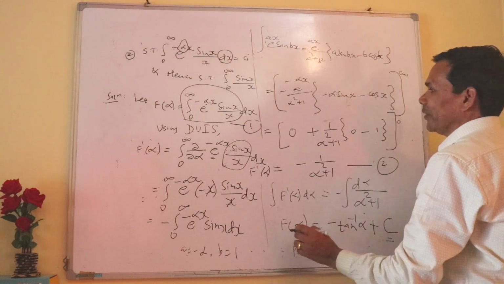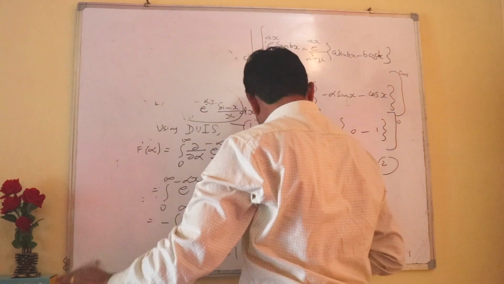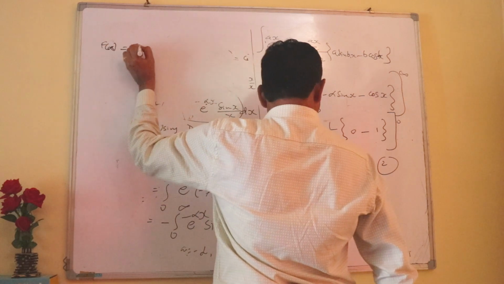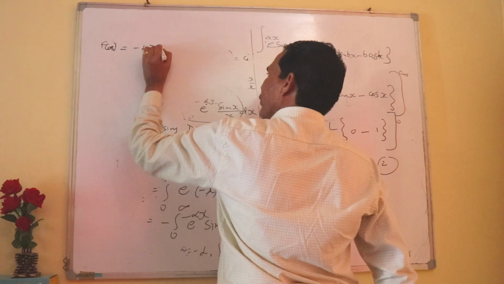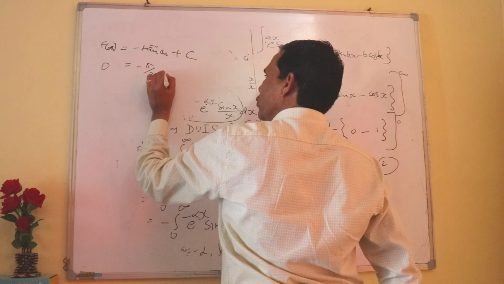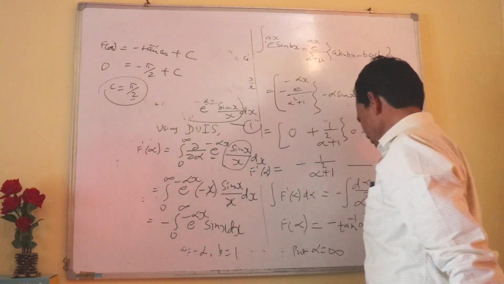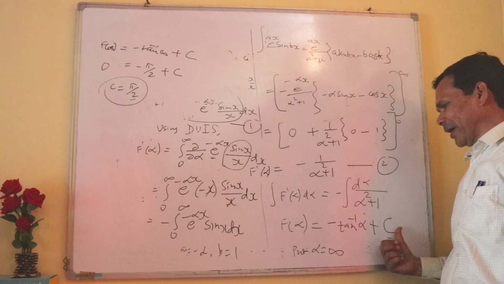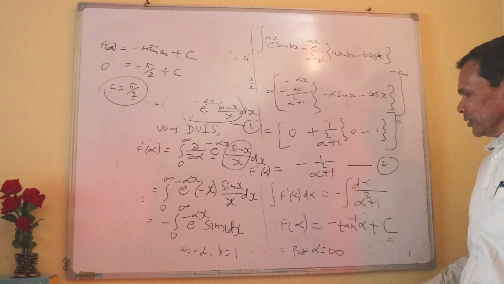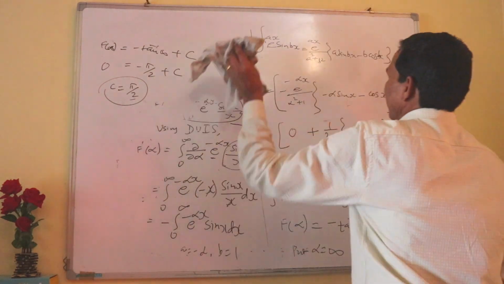So f of infinity is 0, and f of infinity is equal to minus tan inverse of infinity plus c. So this is 0 equals minus pi by 2 plus c, and c is equal to pi by 2. Putting this value, you get minus tan inverse of alpha plus pi by 2. It is cot inverse of alpha, and that is the value of that integral.